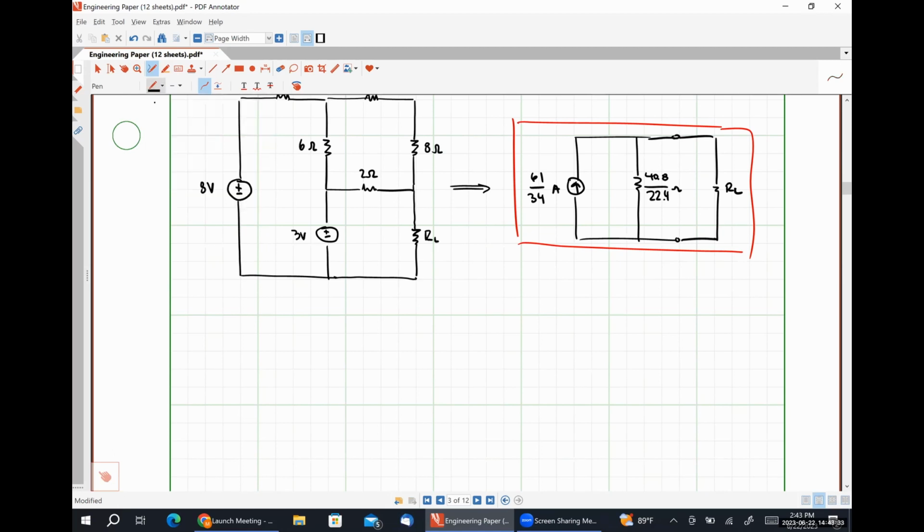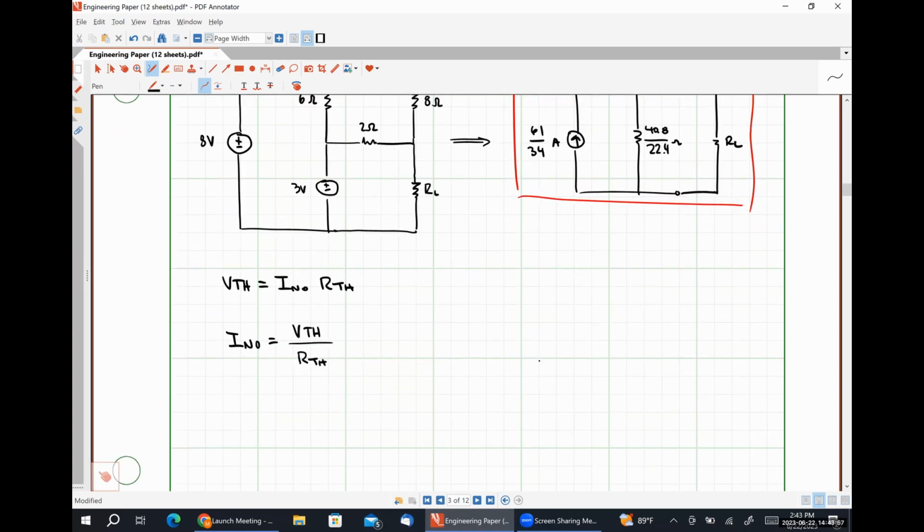So what we should see is that V Thevenin will be equal to I Norton times R Thevenin, or expressed in a slightly different way, I Norton should be the same as V Thevenin divided by R Thevenin, or in a third slightly different way, R Thevenin should be the ratio of V Thevenin to I Norton.